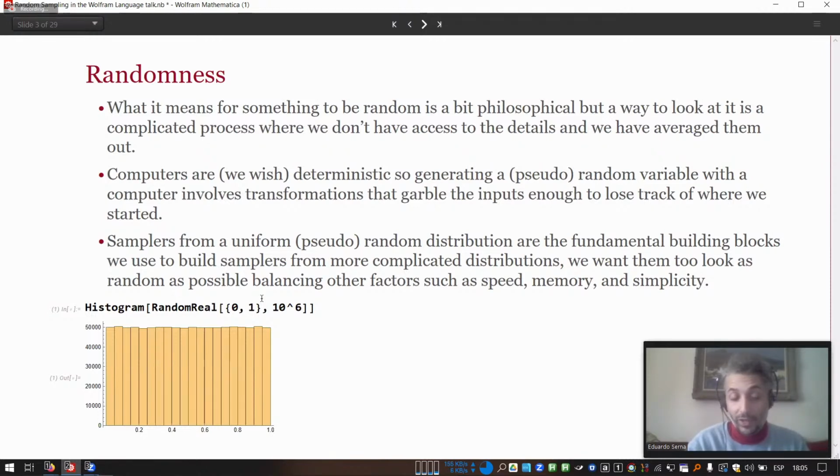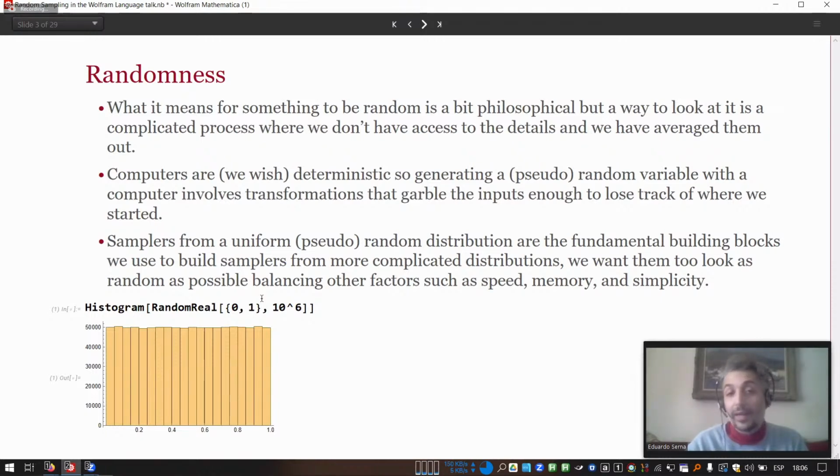The building blocks for producing random numbers are uniform random number generators from a pseudo-random distribution, and they're the building blocks that we use to build more complicated samplers for non-uniform distributions, processes, spatial distributions, etc. We want them to look as random as possible, while at the same time balancing other factors, crucially speed, but also memory and simplicity.